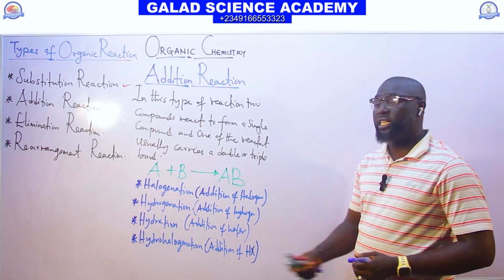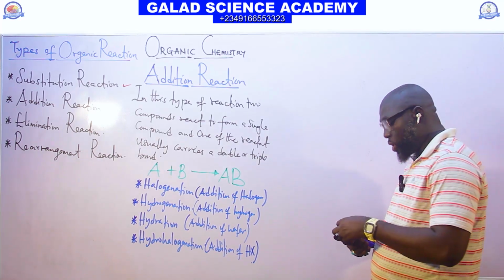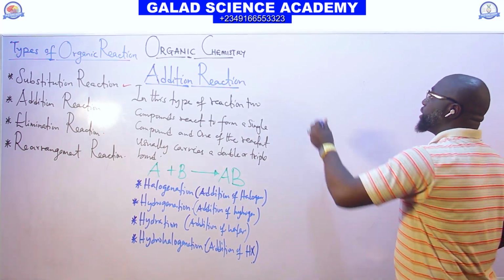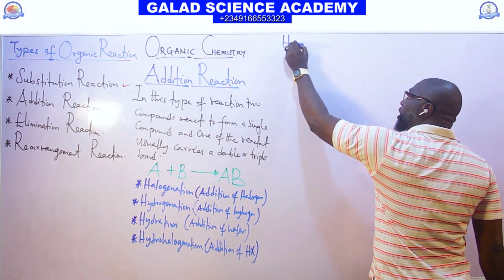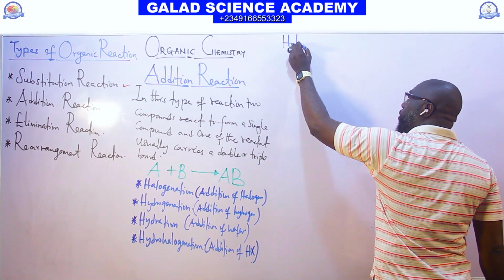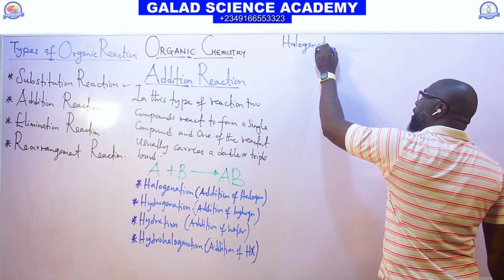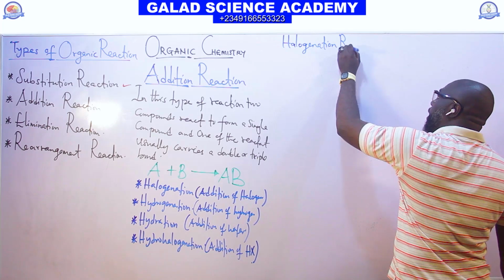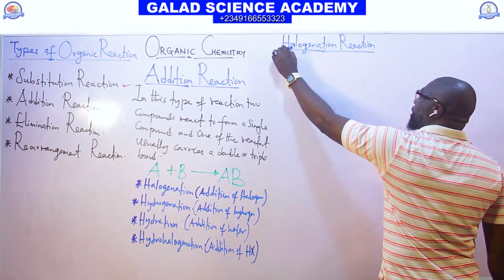So let us take these examples one after the other in order. The first one is halogenation reaction.